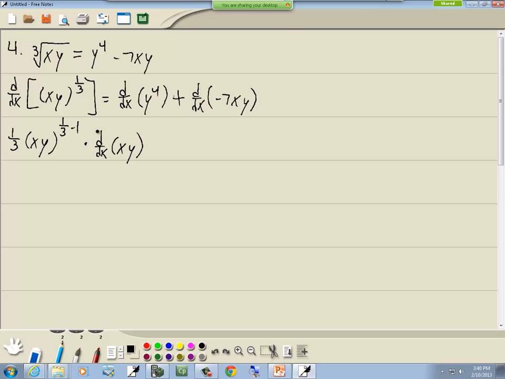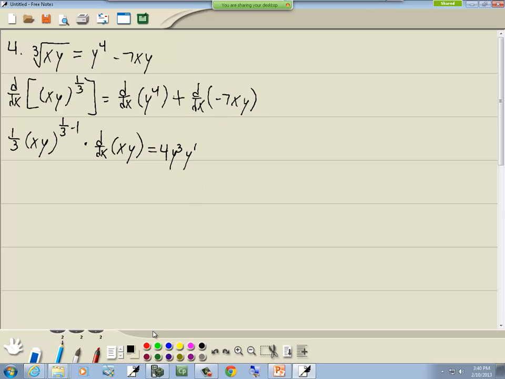Again, chain rule. Take your power, put it out in front. What's inside the parentheses remains as is. Lower your power by 1, and then you multiply times the derivative of what's inside the parentheses. Equals. The derivative of y to the fourth is 4y cubed, y prime.